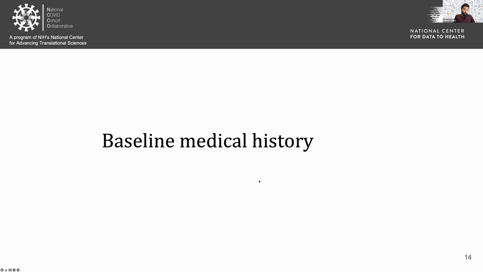Another very, very important aspect is evaluating baseline medical history. And what does that mean? That means that in a modeling task, we typically want to adjust for specific pre-existing comorbidities. One very common thing to look at is the Charlson comorbidity score, or maybe other conditions a patient might have that are not part of the CCI.